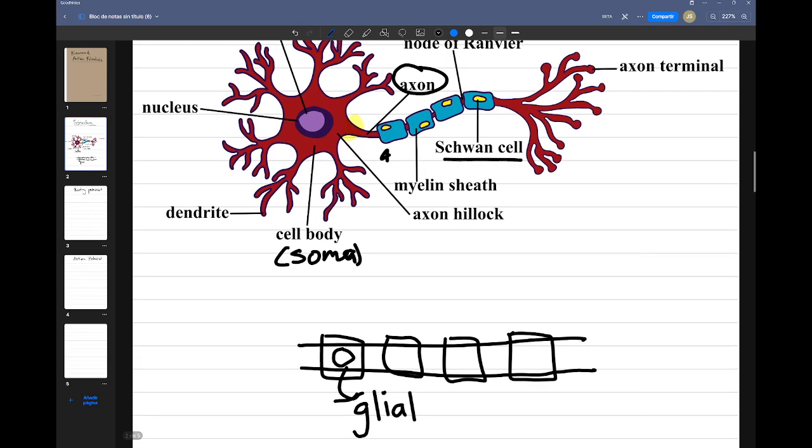It's a type of glial cell that surrounds the neuron, so it keeps them alive, and sometimes covers them with a myelin sheath. They are usually the major type of glial cell that we'll see, and they play essential roles in the function, maintenance, and regeneration of peripheral nerves. So they play that type of regenerative function. So we have that.